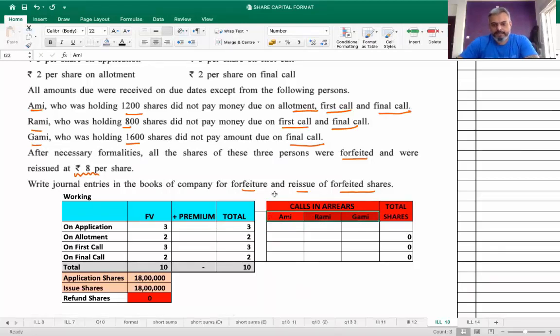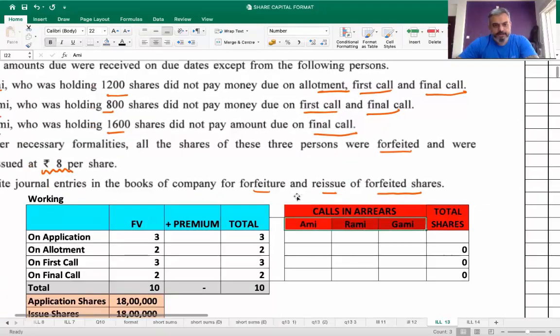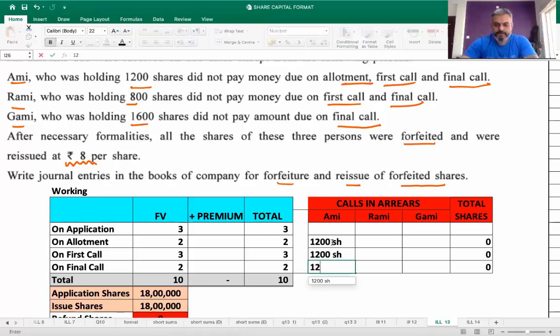Okay, now please pay a little attention. Ami, who was holding 1200 shares, did not pay the allotment. So for Ami's 1200 shares, we did not get the allotment, then the first call, and then the final call.